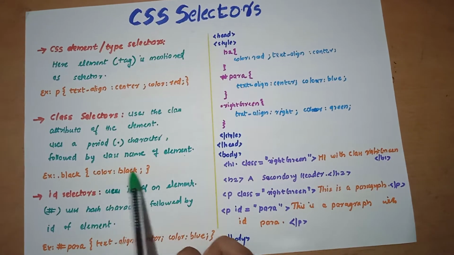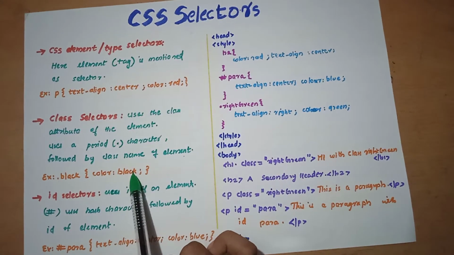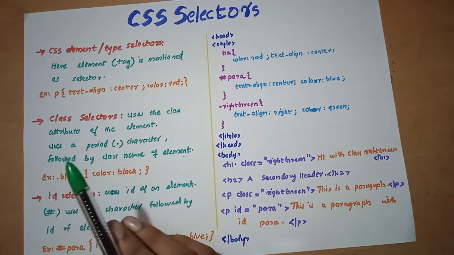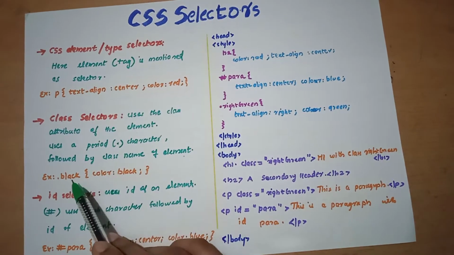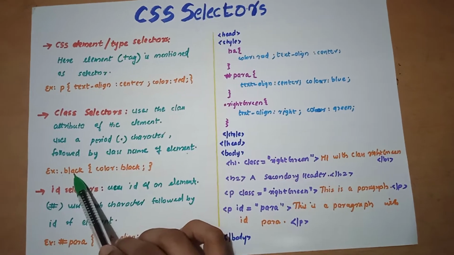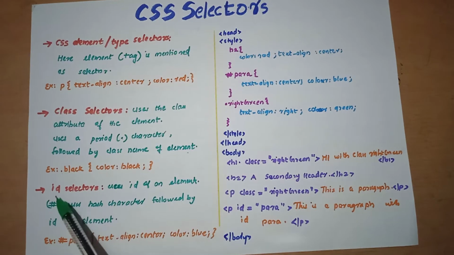Then write the style that you want, and it will apply to whichever element we define using this class name. We will look at them thoroughly later, but for now we are just looking at the definitions.